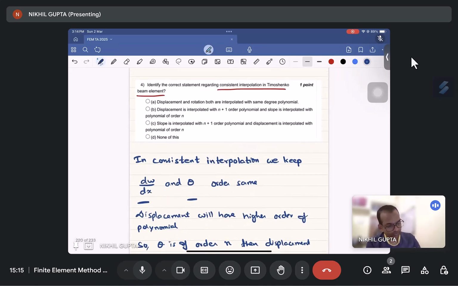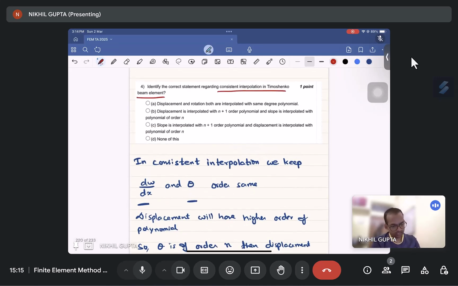So if you look into the options, the first one says displacement and rotation both are interpolated with same degree of polynomial. No, not same degree but same order. The other says displacement is interpolated with n plus 1 order polynomial and slope is interpolated with polynomial order n.